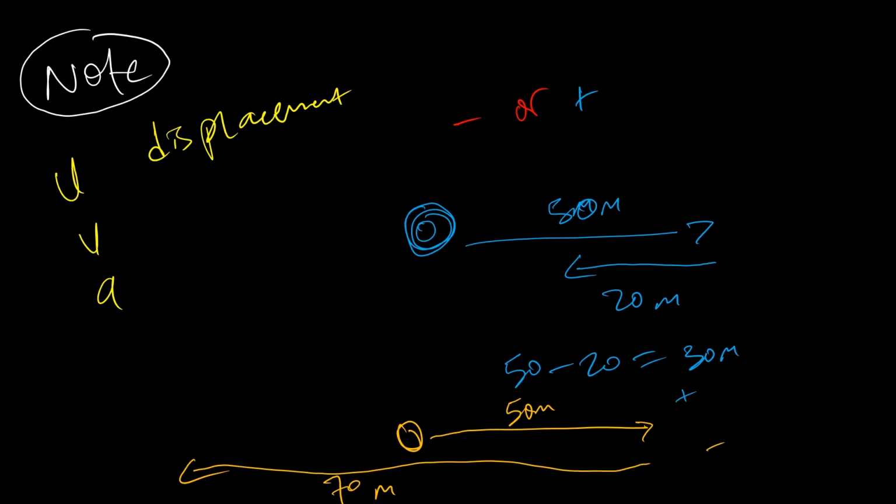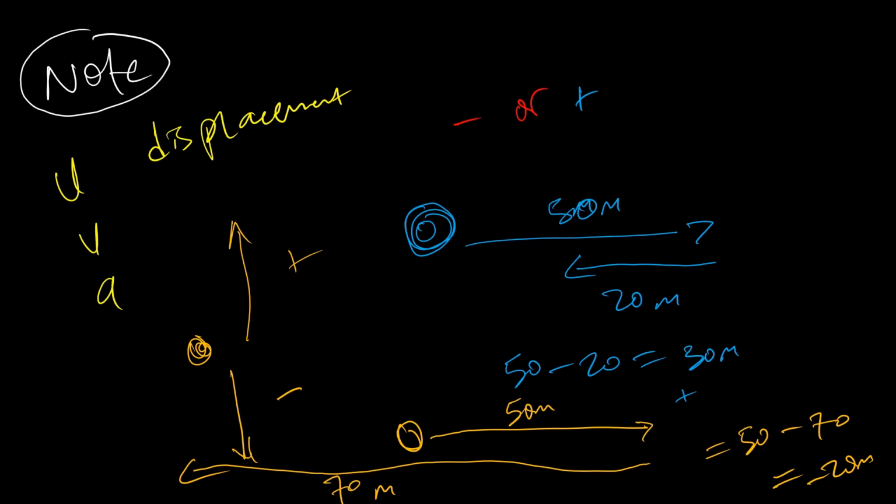Displacement will be 50 minus 70, and that will give us minus 20 meters. As you can see, the value of the displacement here is negative because it is below the starting point. This is horizontal, but in a vertical instance, we have above to be positive and below to be negative. I hope that makes sense.